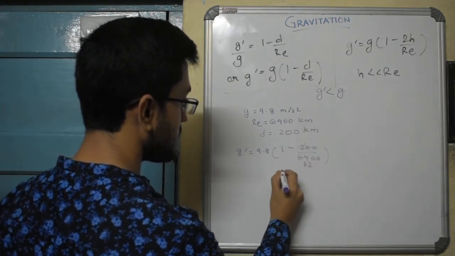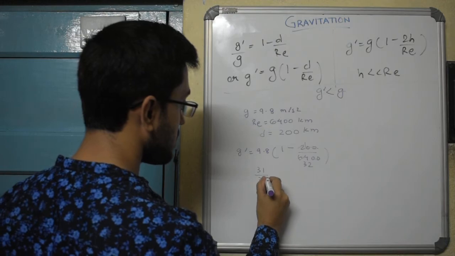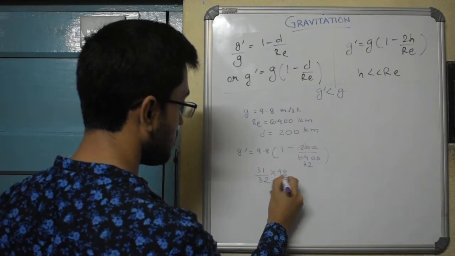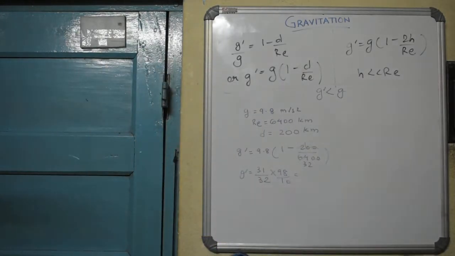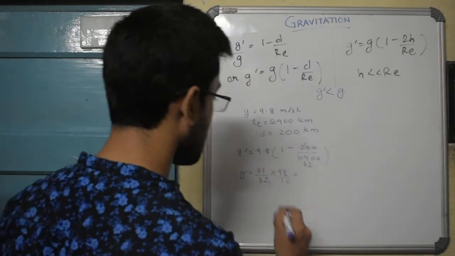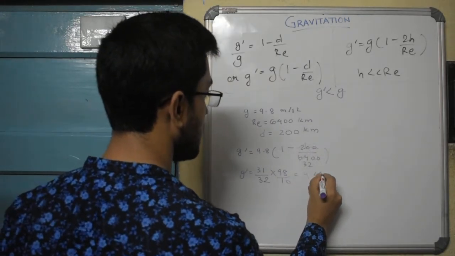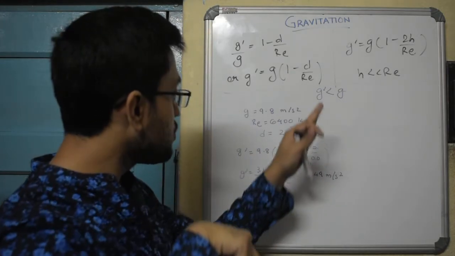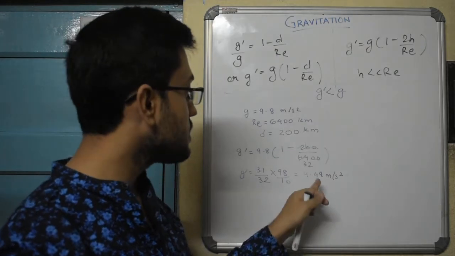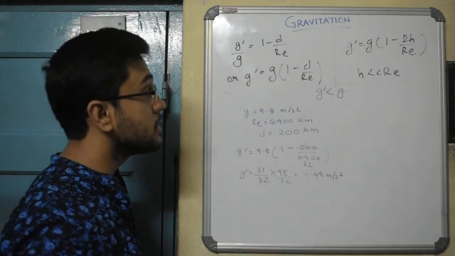That's 32 minus 1, that's 31. So 31 by 32 into 98 by 10. This is my new g, and the value is 9.49 meters per second square. So you see, as you move to a certain depth below the surface of Earth, the value of gravity decreases.